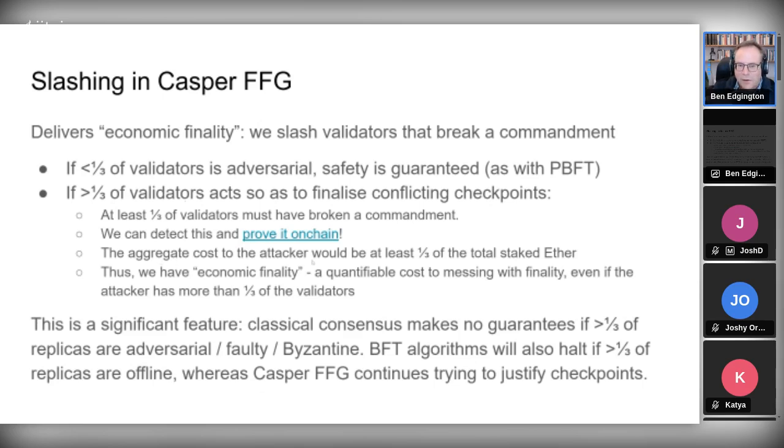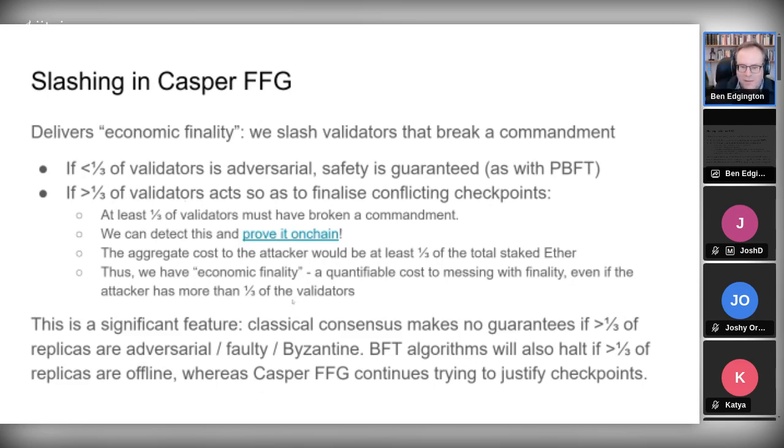And the aggregate cost to an attacker, if it's one attacker doing this, would be at least 1/3 of the total staked ether, which is what, 10 million ETH or something at the moment, which is vast, even at today's prices. So we have this economic finality property, a quantifiable cost to messing with finality, even if the attacker has more than 1/3 of the validators.